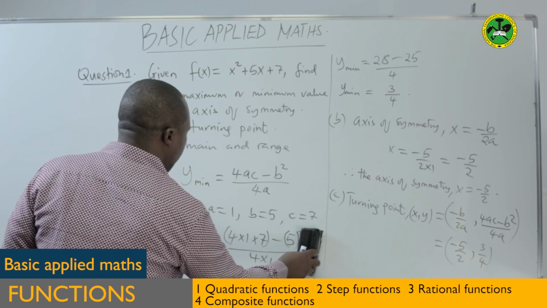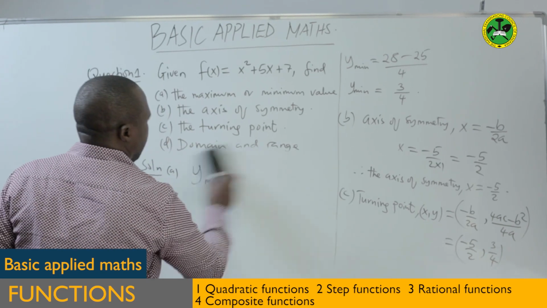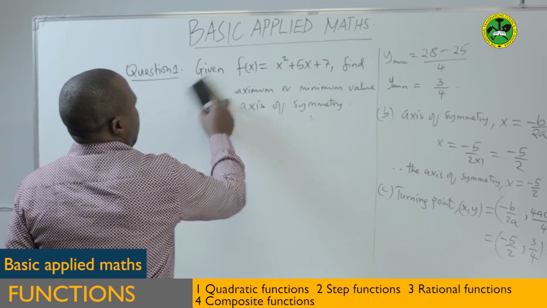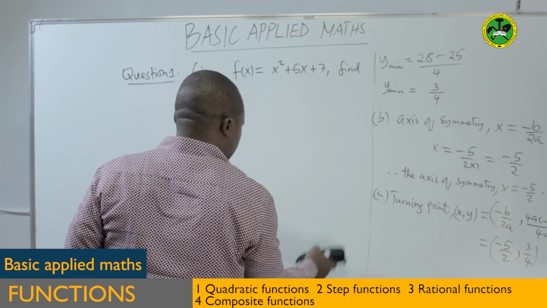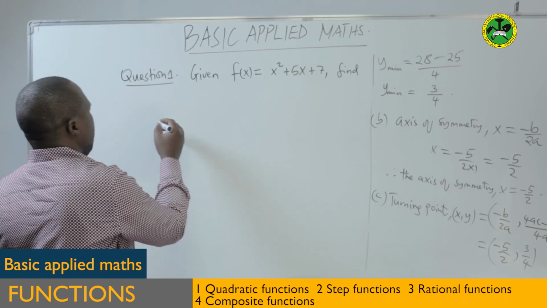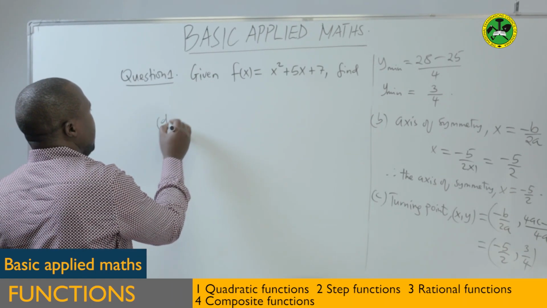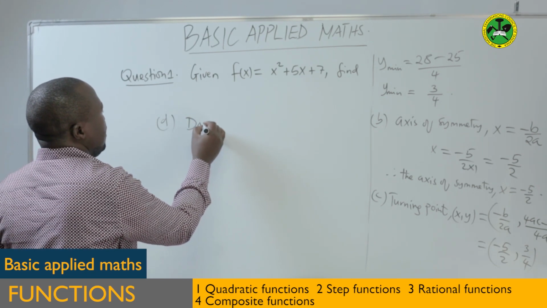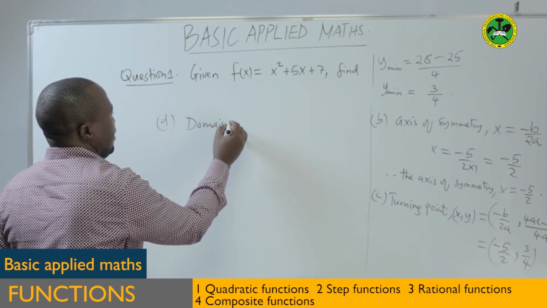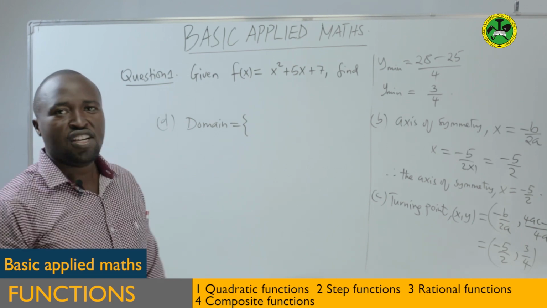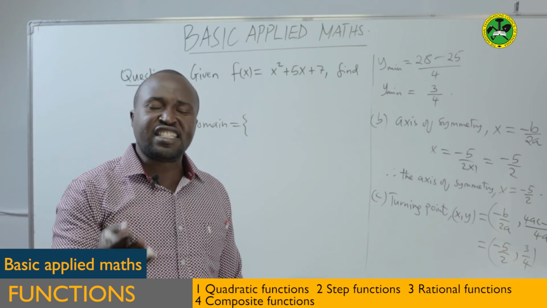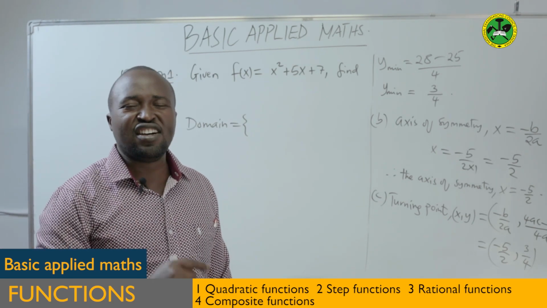So for the case of domain and range, that is D. We are supposed to find domain and range. Now let us start with the domain. What is domain? Domain refers to first entries or x values.